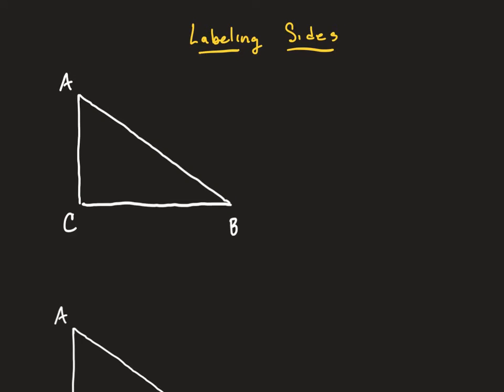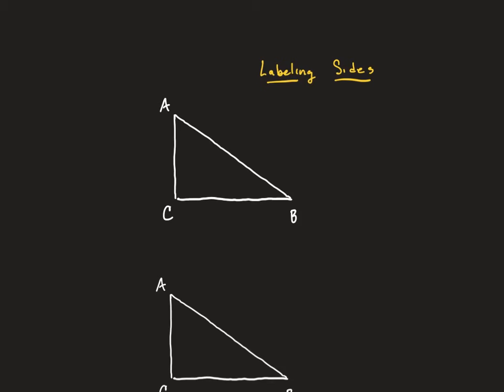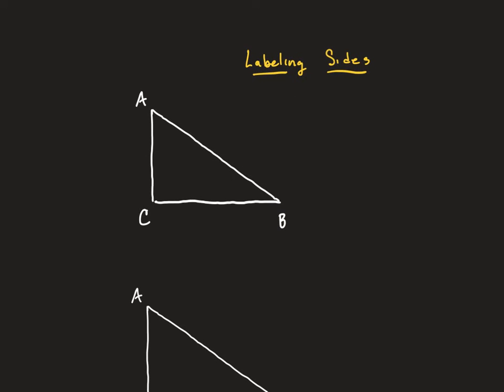Now, labeling my sides. Here's where we need to make sure that we are able to label these sides properly. When I look here at angle B, the opposite of angle B is going to be that side over here.